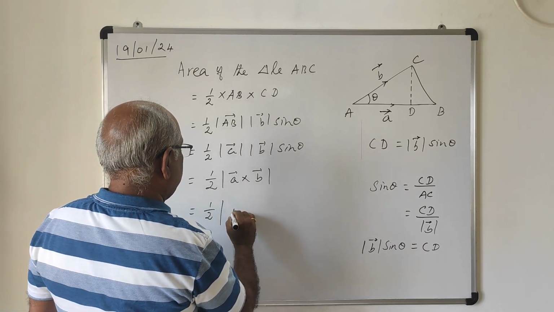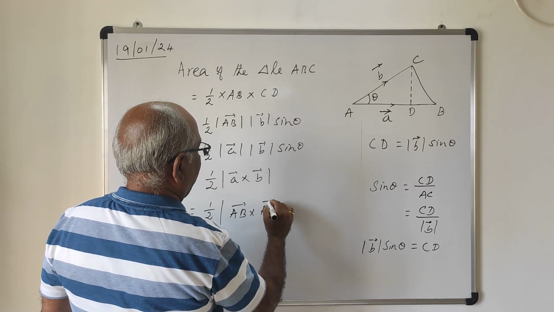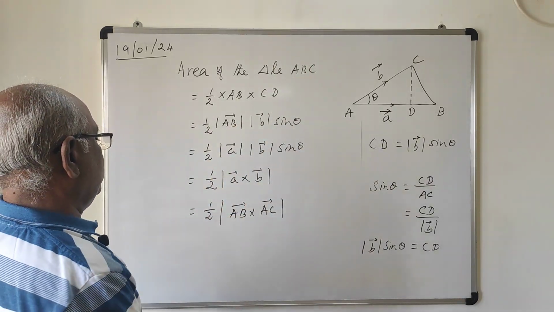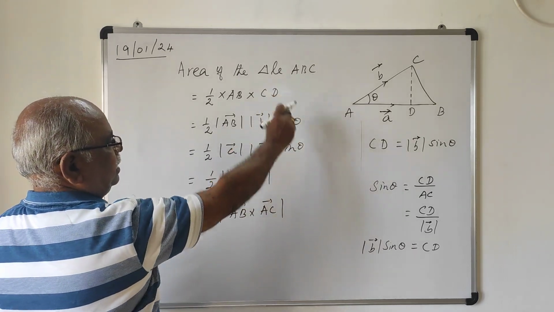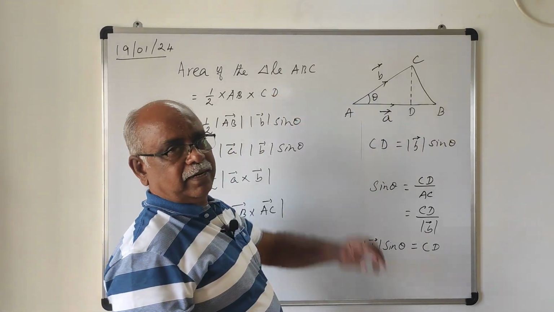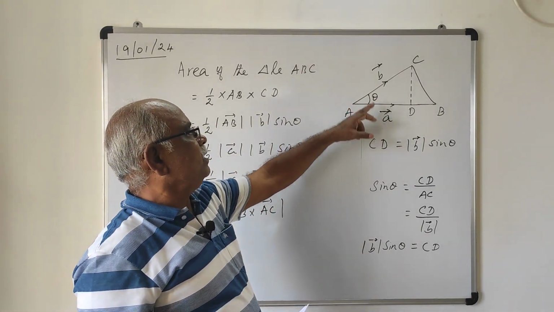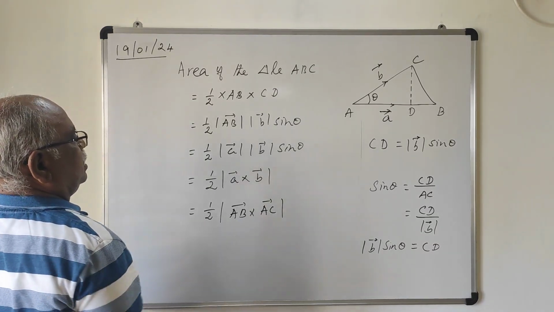A vector is AB vector and B vector is AC vector. Half of mod of AB cross AC is the area of the triangle formed by the sides AB and AC, having vectors A and B as the adjacent sides of the triangle, and theta is the angle between the vectors A and B. So area of the triangle is half into mod of AB cross AC.